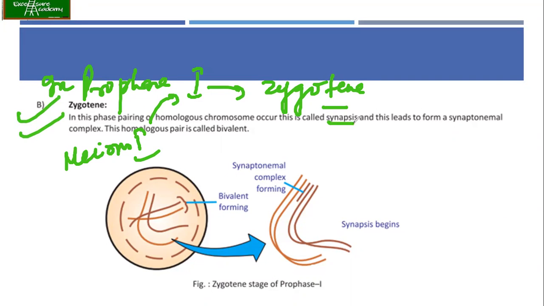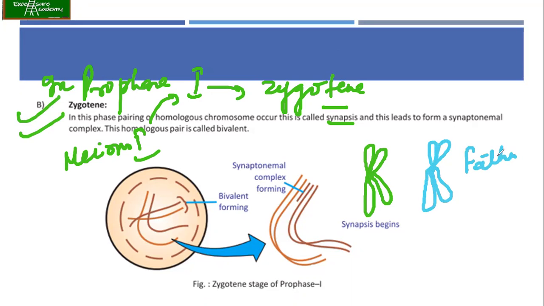Now what is synapsis? If you have one pair of chromosomes from the mother and another pair from the father, let us say this is from the father and this is from the mother. Synapsis means that this is getting crossing over.